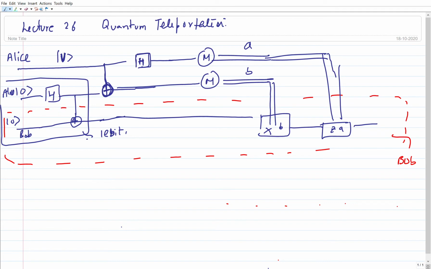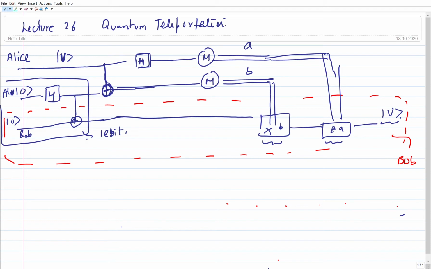This wire goes straight through. If A and B both are 1, Bob is applying X and Z, and we'll see that the state V shows up at Bob's end. So this was the state V, and Bob recovers the state V over here.